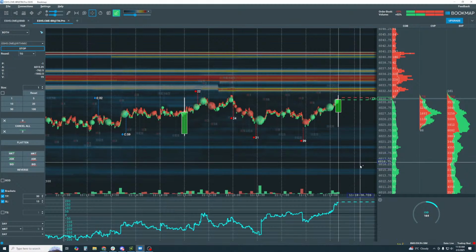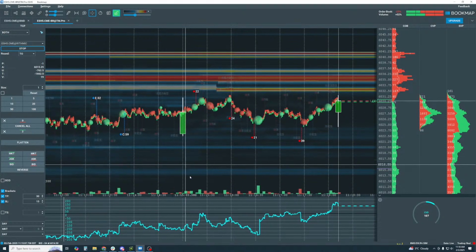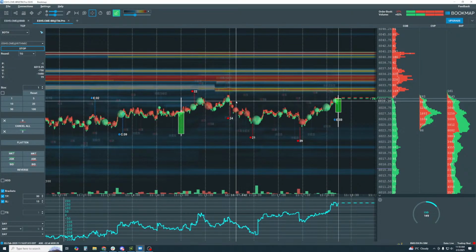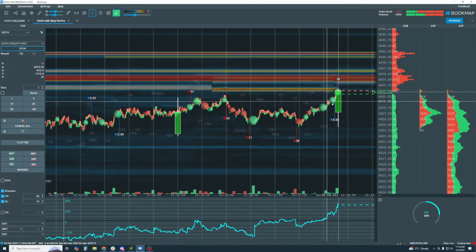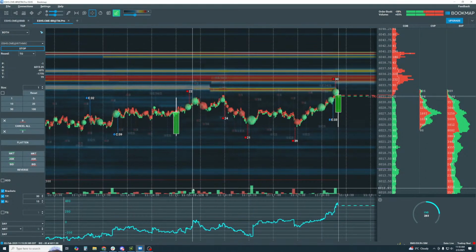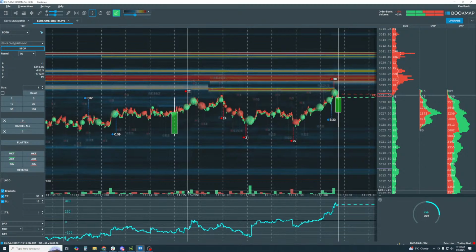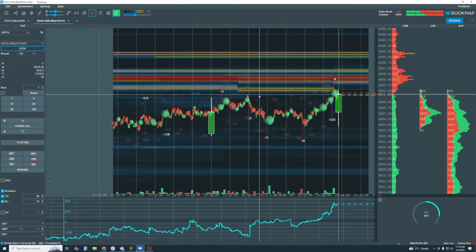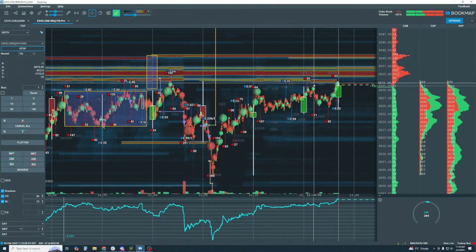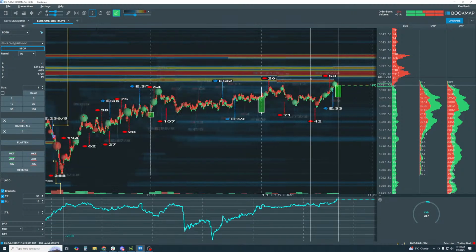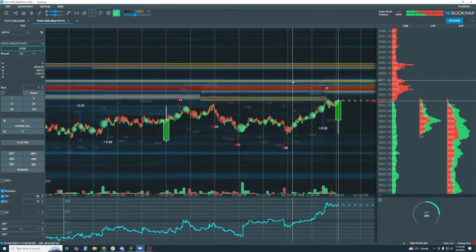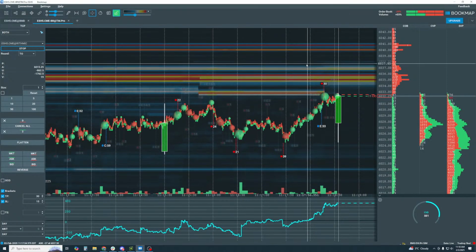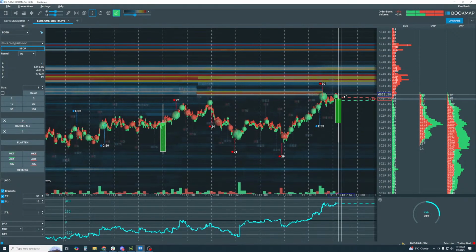And let's see what we get up here at this top edge. Still buying.